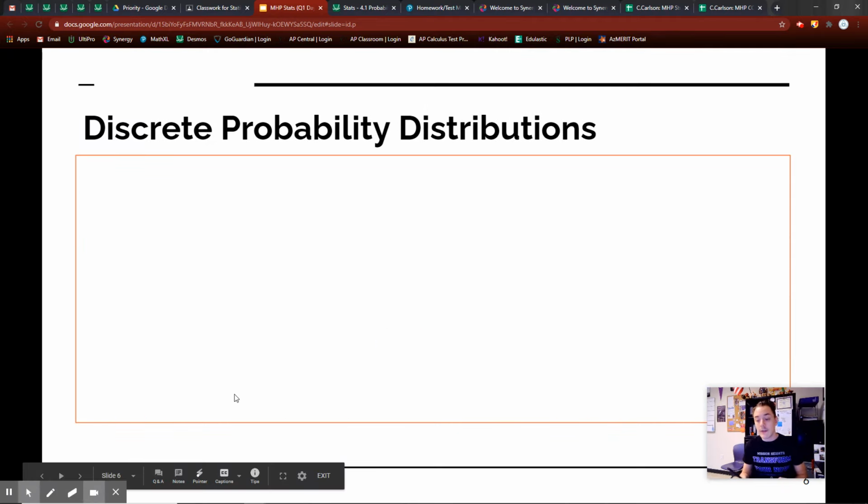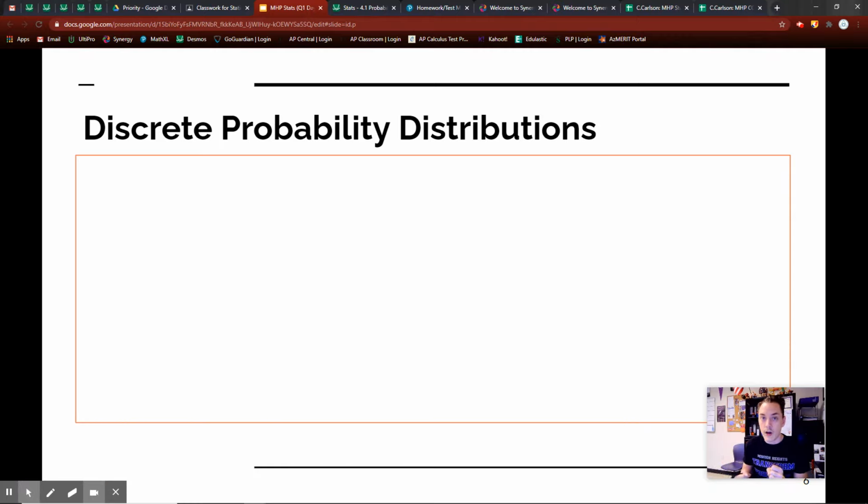So now that we know what discrete and continuous are, think about this. We're going to pinpoint one thing, and it's called discrete probability distributions. Now, there are continuous probability distributions, but we're not going to be doing those until Unit 8, starting with statistics. We're not going to do that until later.